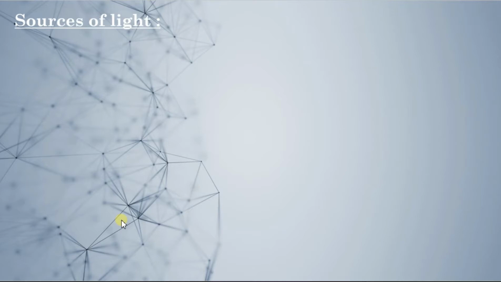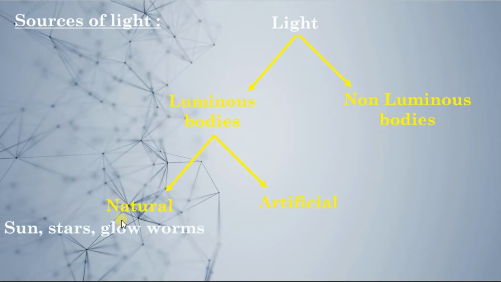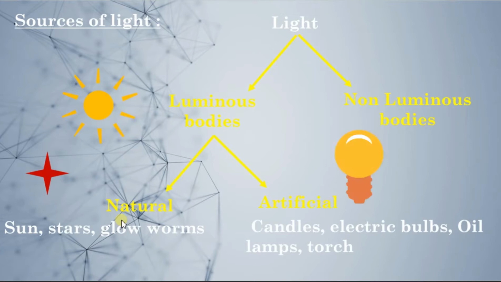Now the sources of light can be classified into two: luminous bodies and non-luminous bodies. The luminous bodies are again classified into natural luminous bodies and artificial luminous bodies. Natural bodies are the sun, stars, glowworms. But candles, electric bulbs, oil lamps, torch, hurricane lamps, etc., come under the artificial luminous bodies.